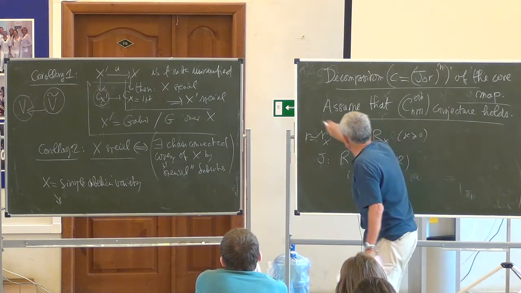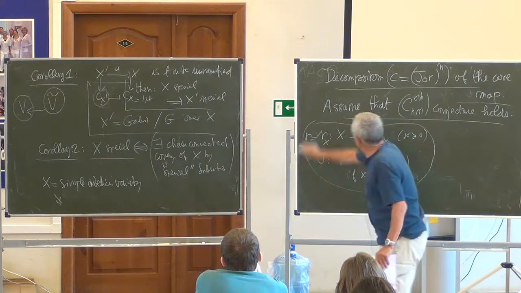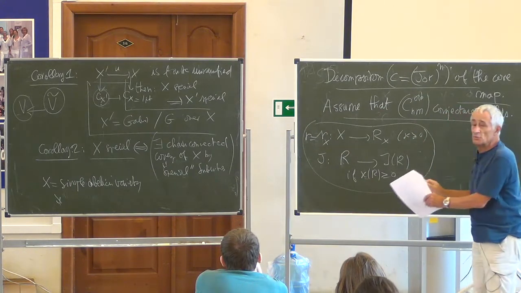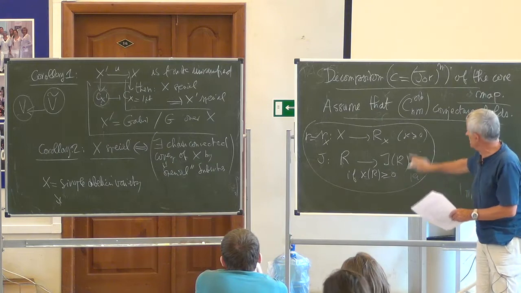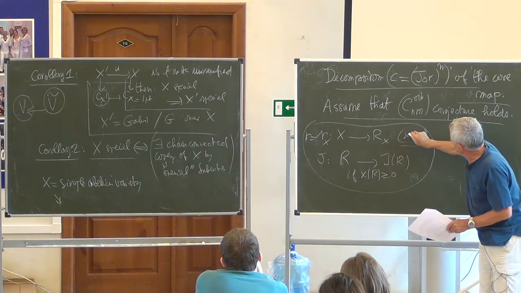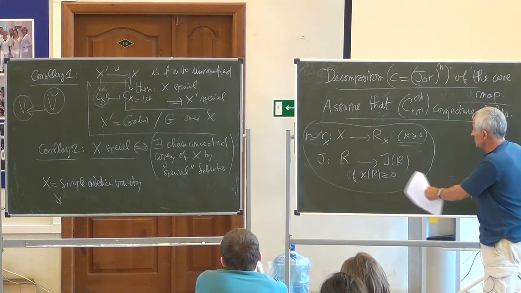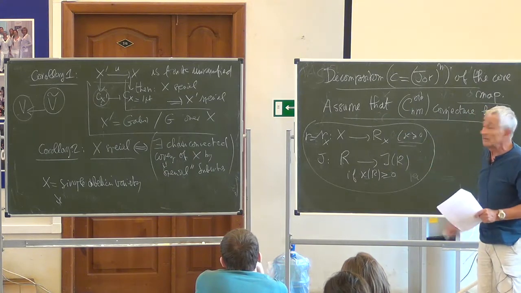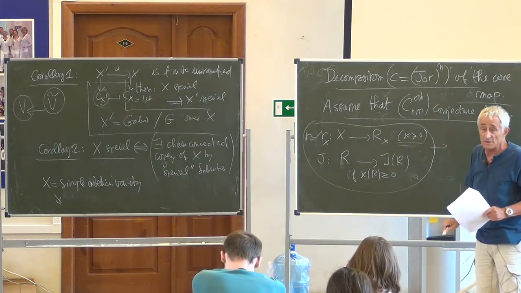And so we saw that we could compose these two maps always for any X, assuming the main conjecture. And now we will mimic this in the orbifold situation.